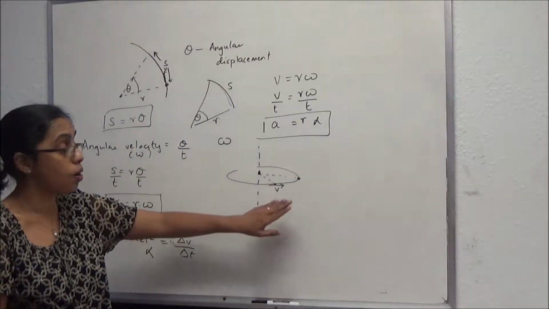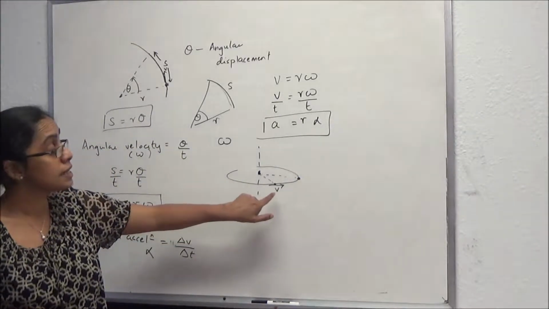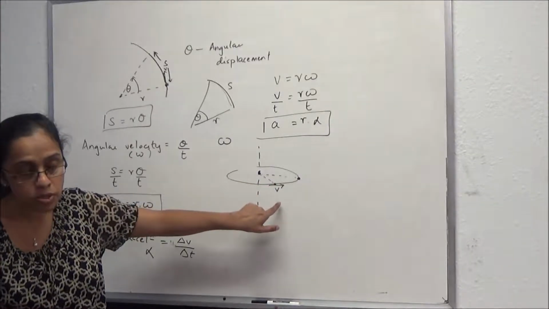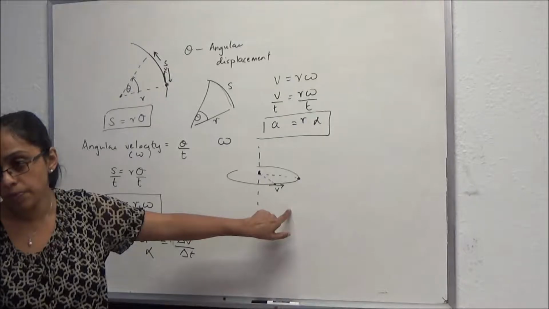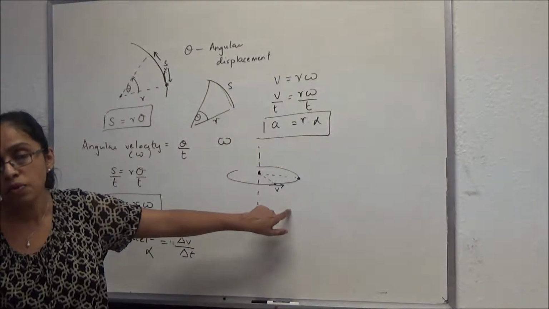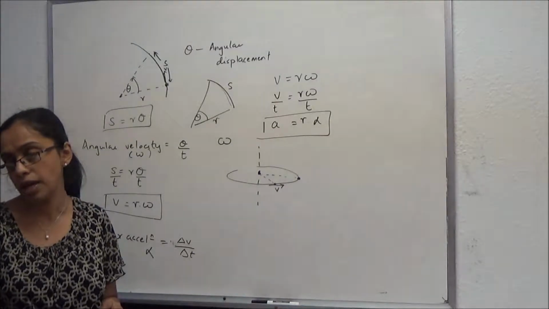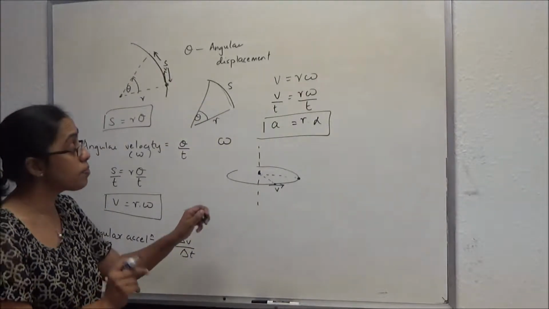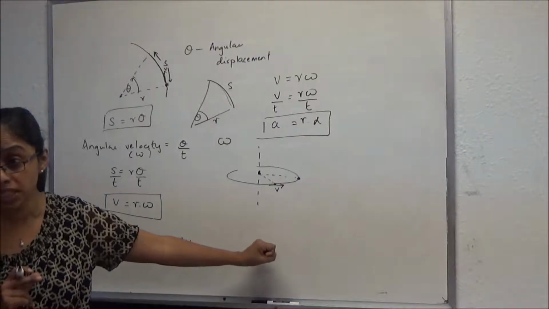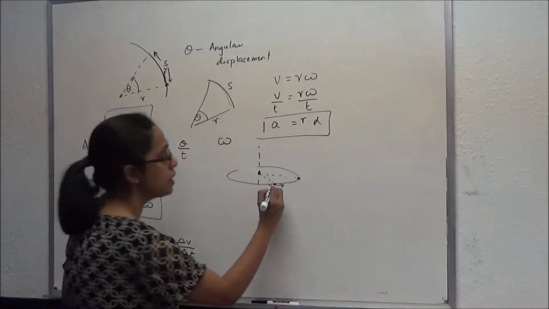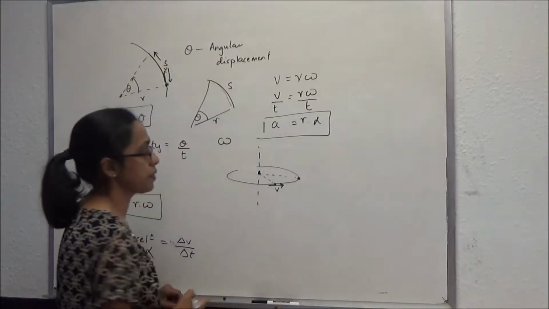We sometimes call it the instantaneous velocity, or we can also call it tangential velocity. It was somewhere there in the note. So if somebody says tangential velocity, that's the linear velocity at a particular time. So this is V.